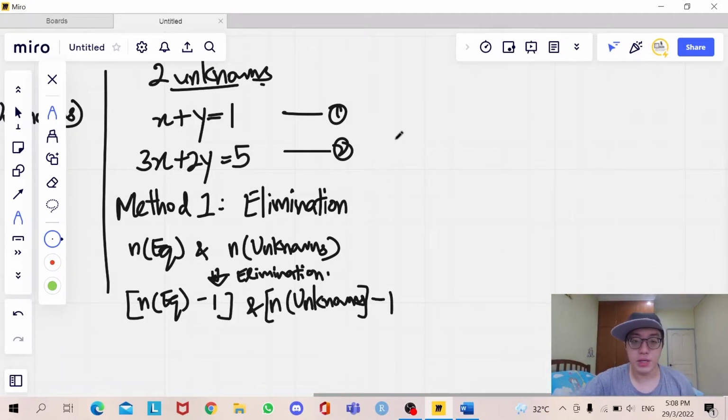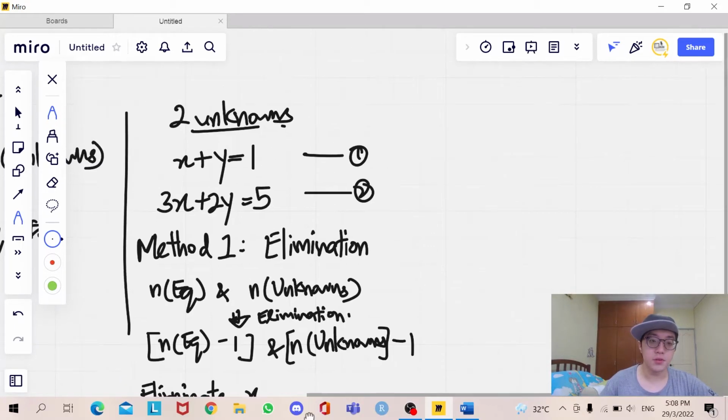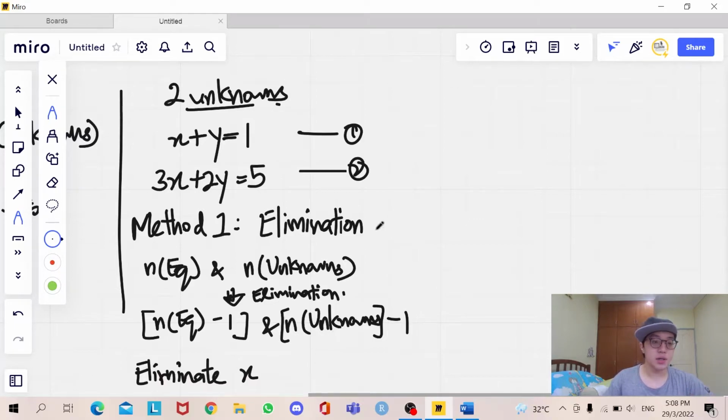So for example here, I'm going to eliminate x. In order to eliminate x, by simple math, you know that for 3x, you need to minus 3x in order to eliminate the x, because 3x minus 3x is equal to 0.